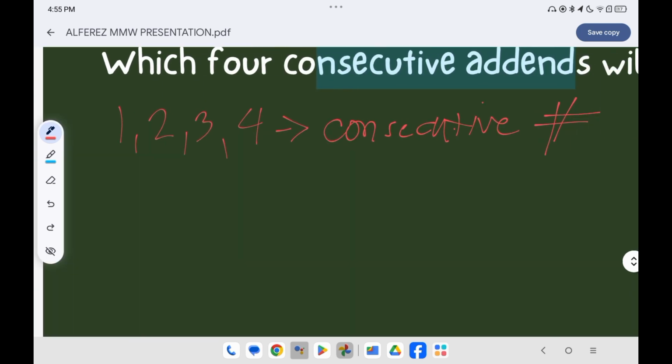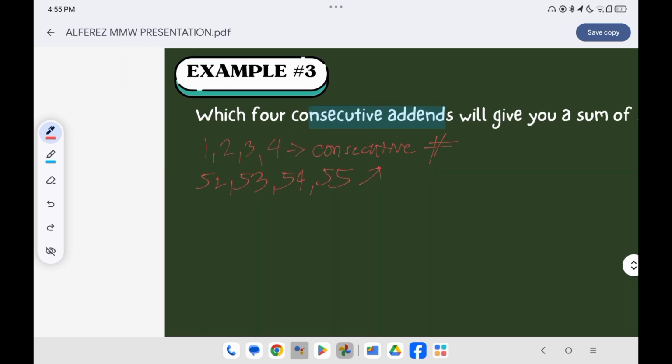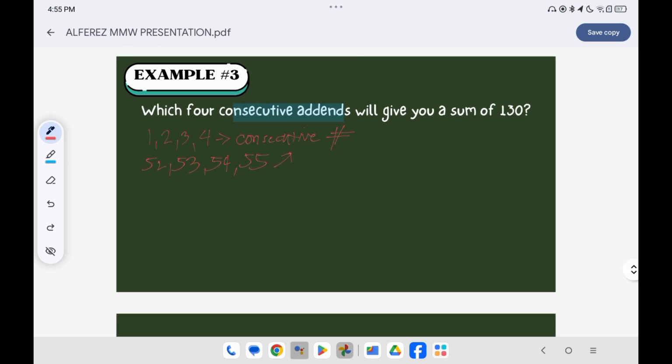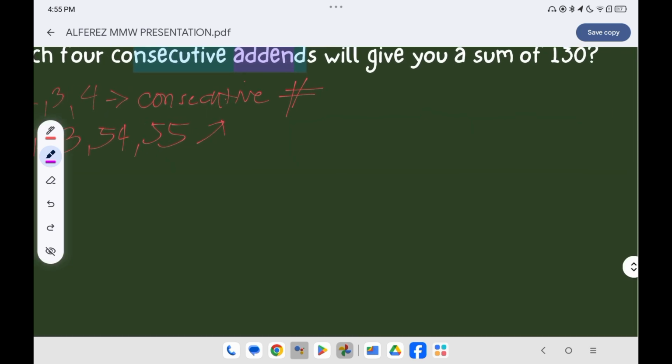Another example is 52, 53, 54, 55. That is consecutive numbers. So, which 4 consecutive addends will give you a sum of 130? Again, when we say addend, it refers to, like for example, the addends.